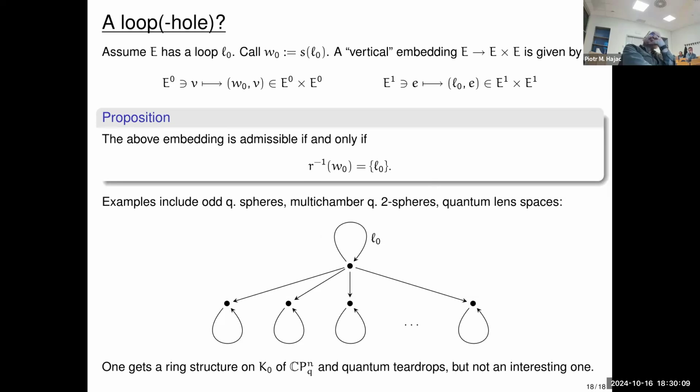And now where is the catch? Why is the answer not satisfactory? Because you get a ring structure in K0, but not an interesting one. Imagine that you take a topological space and you put it as a vertical slice in X cross X. Then what is the structure? There is a structure in K0 induced by the opposite morphism of star algebras, which is just multiplication by the integers.